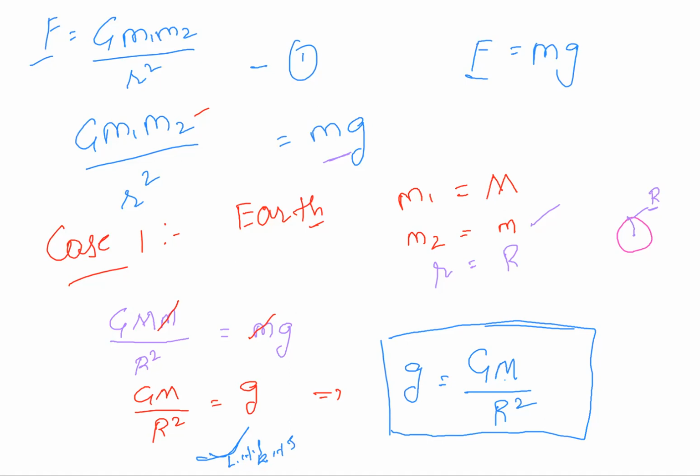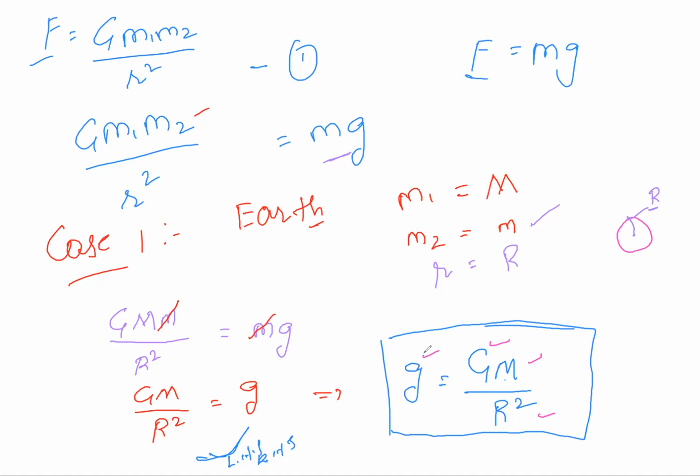This is the relationship between the acceleration due to gravity of a particular body, which is a big body, right, and the universal gravitational constant, and of course the mass of the big body, and the distance, that is the radius, the distance between the two bodies, right?